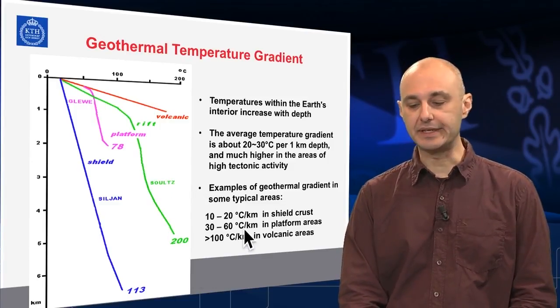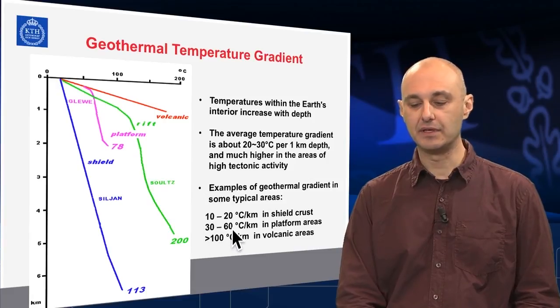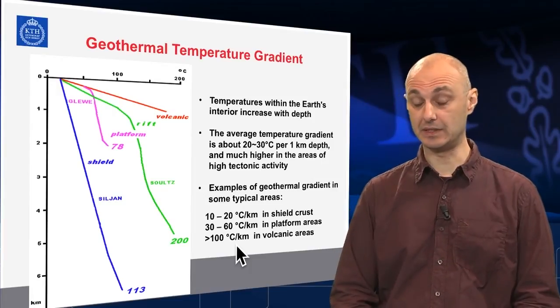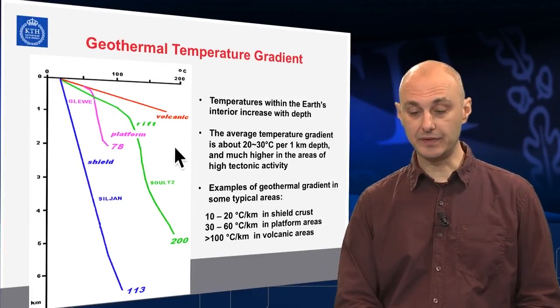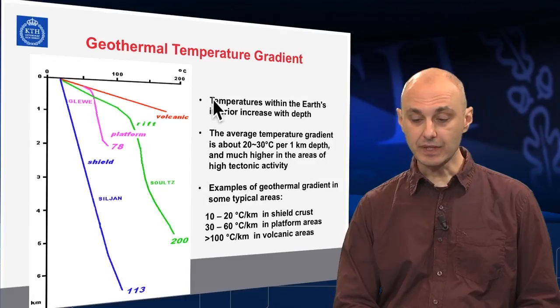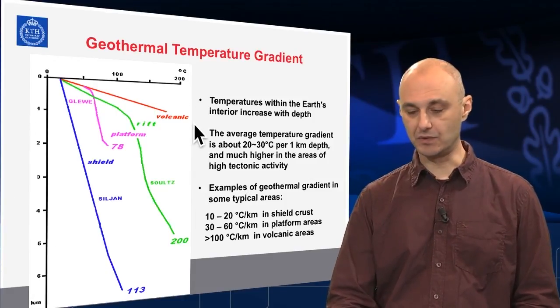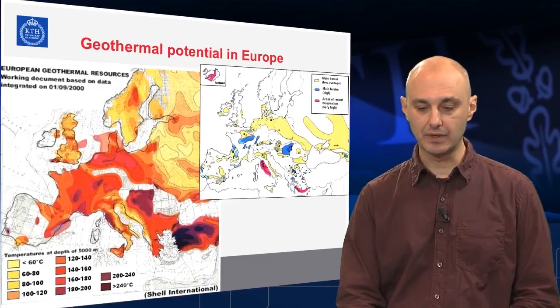In very active areas, of course, we can have temperature gradients of the sort of 100 or even more degrees per kilometer of depth. And this is one example here of the different temperature gradients in different typical zones around the Earth's crust.